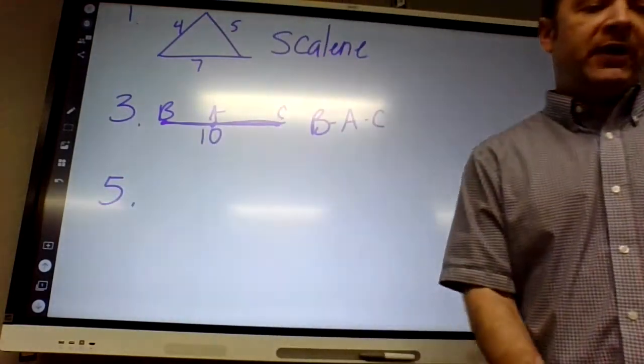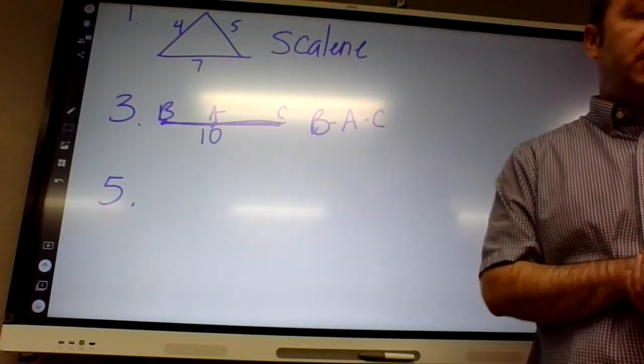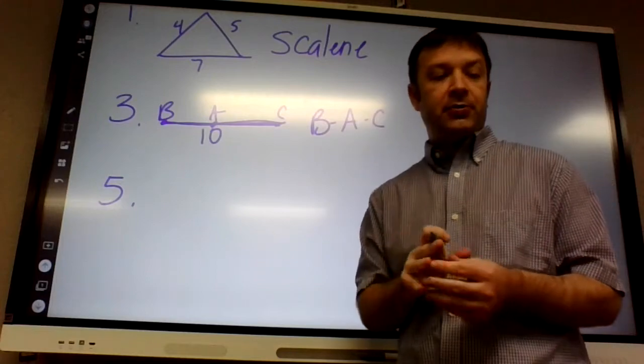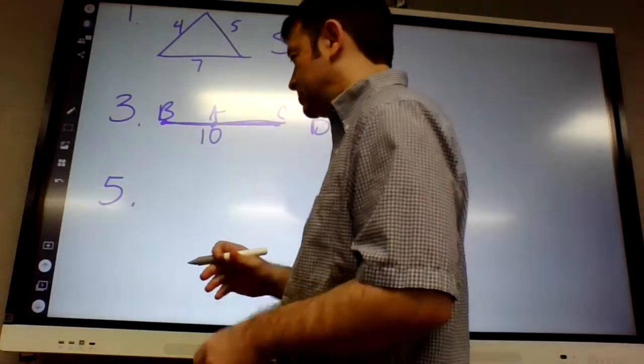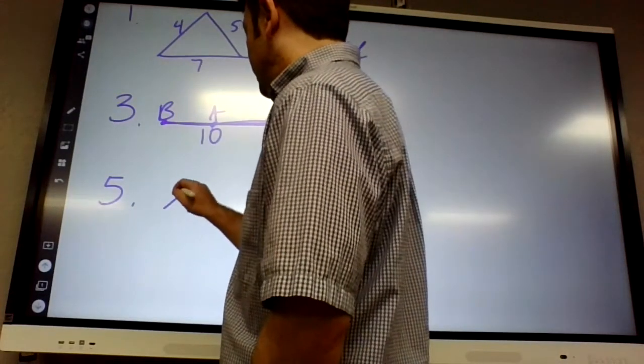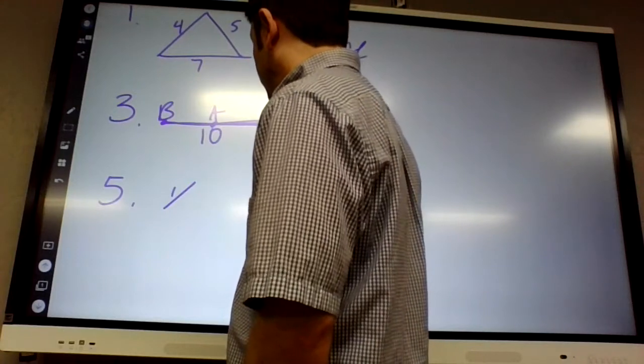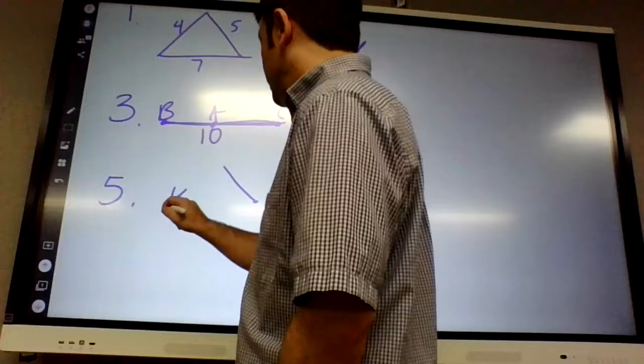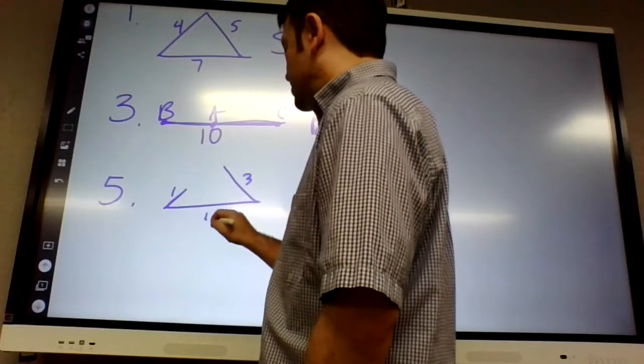Okay, number 5 says 5, 1, and 3. Can the 1 and 3 make a triangle with 5? No, not big enough. So in our little picture, 1's not very big. It's something like this.